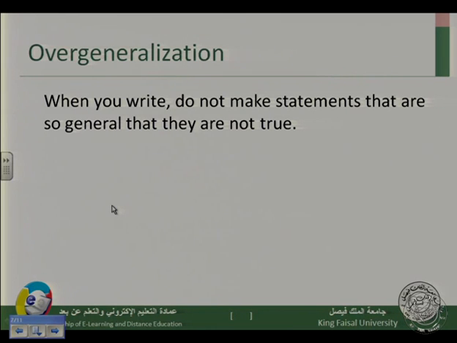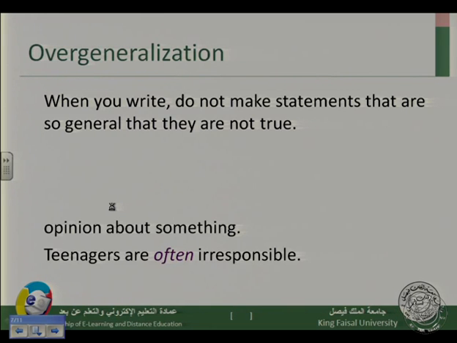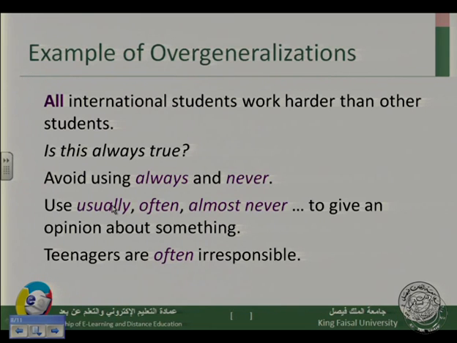Now, how do we fix that? There's a way. The first way is to avoid using words such as always and never. So this is an example of an overgeneralization. When you say all international students work harder than other students.